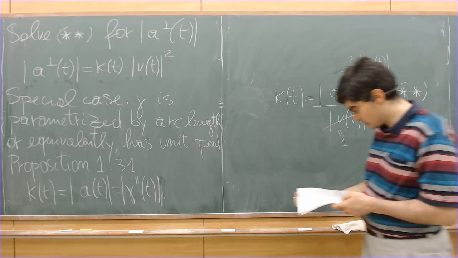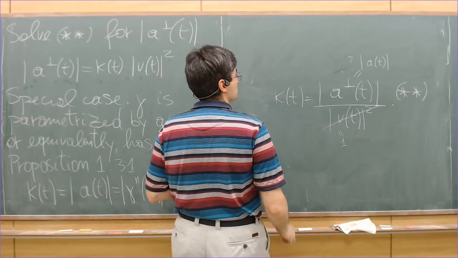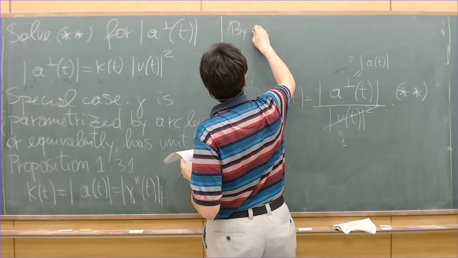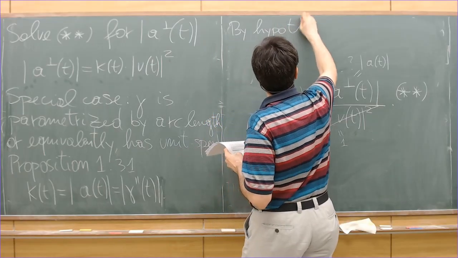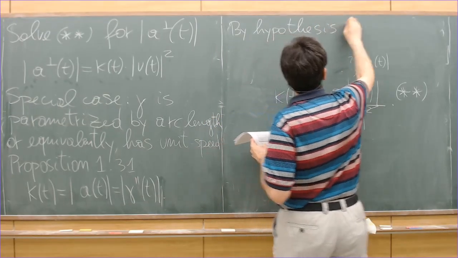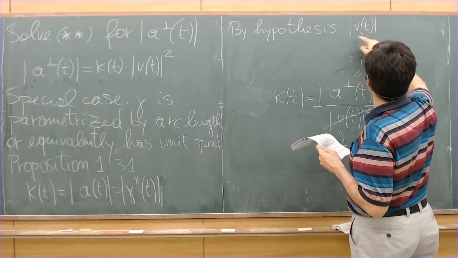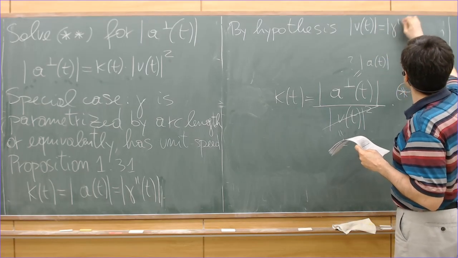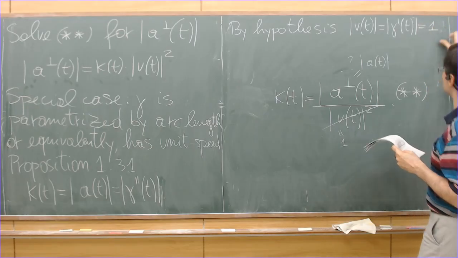Why is this true? By hypothesis, the length of the vector V of t, that is the length of gamma prime of t, is equal to 1.